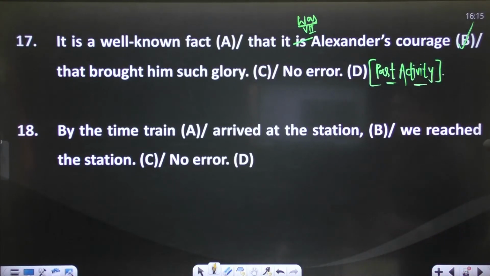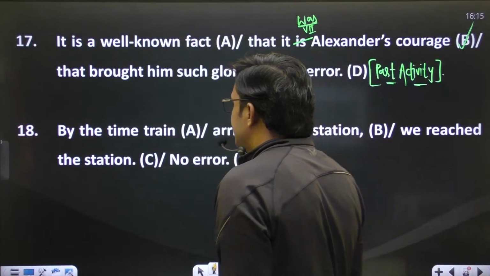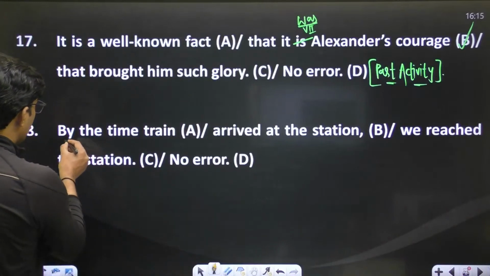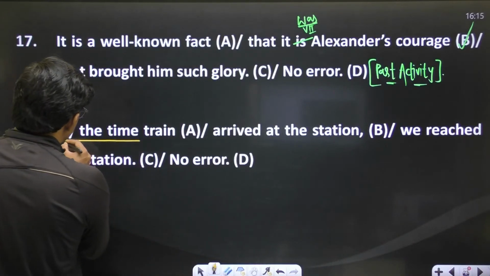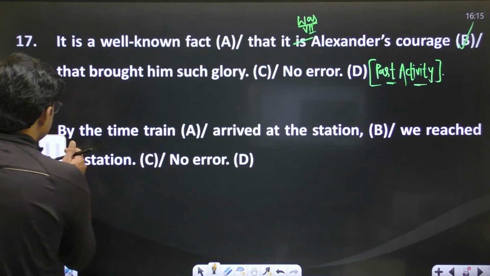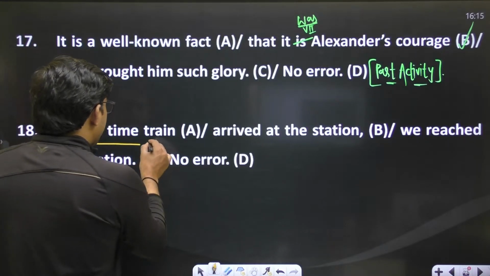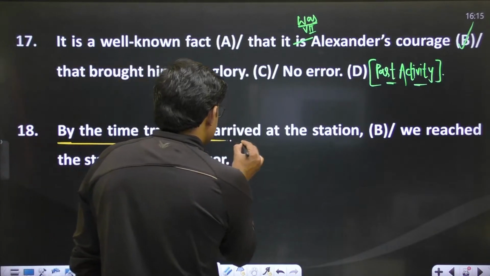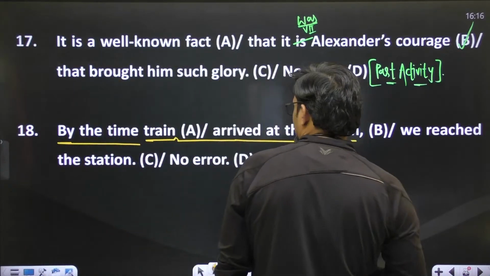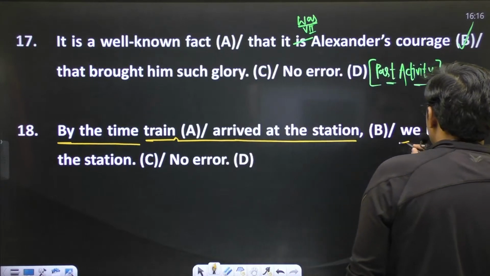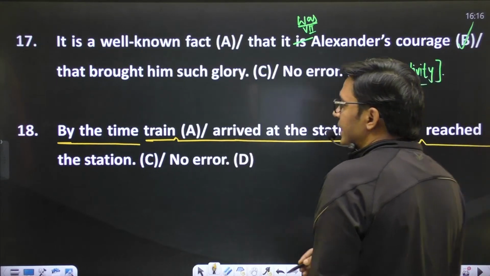By the time the train arrived at the station, we reached the station. I told you this concept. If you get the phrase by the time, and after that you have two different clauses, this is the first clause, the train arrived at the station, and this is the second clause, we reached the station.